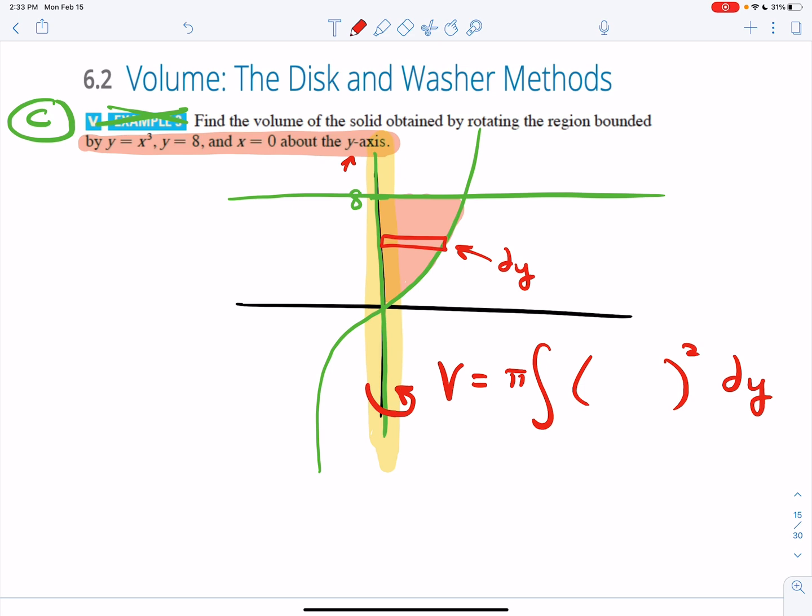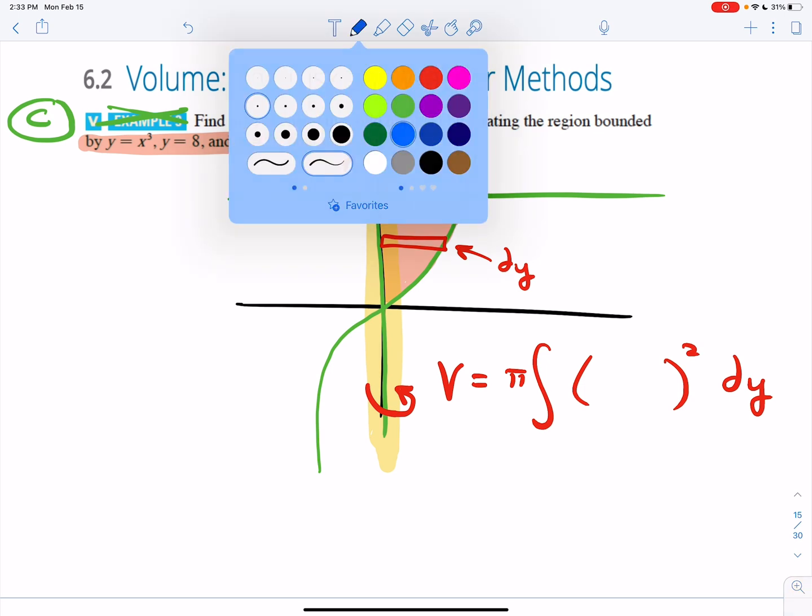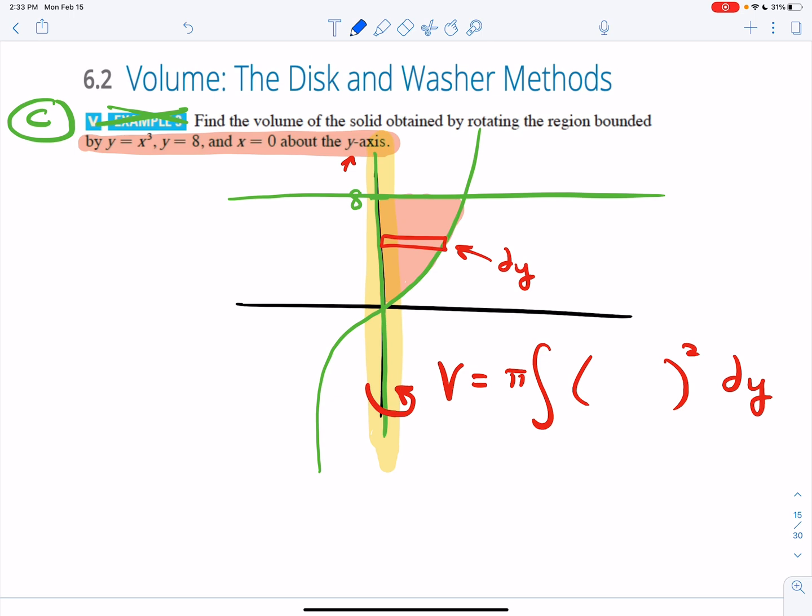Okay? So notice that from here to that green function, that is the height of the horizontal rectangle. And it hits that function y equals x cubed. This right here is y equals x cubed.